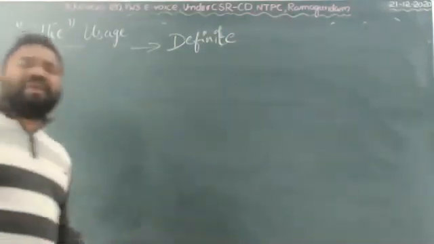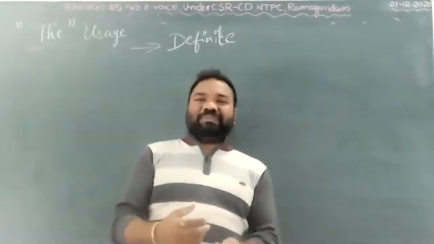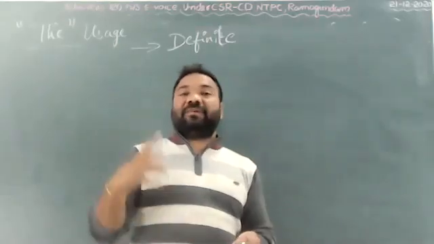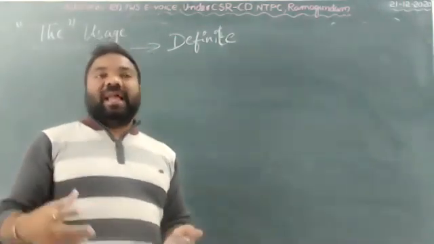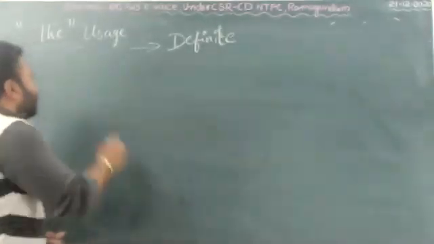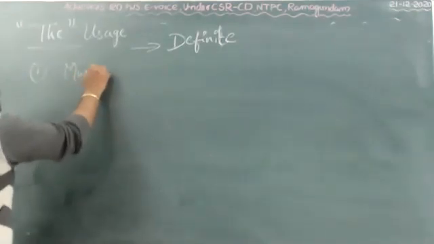There are a lot more cases wherein we have to use the, but I'll write a few which are really important, which may not be known to most of the students. We can discuss those, okay? So first one, musical instruments.